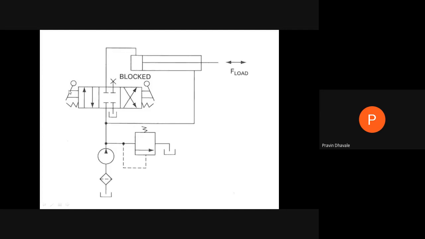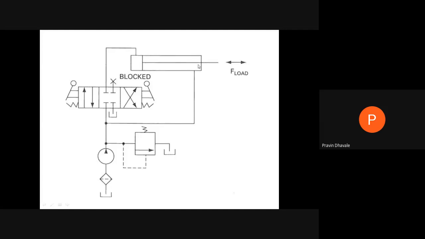Now, when we push this lever, this position comes into actuation. What happens at that time? Whatever the fluid coming from the pump passes to this point, from this point to E, to A, to the left hand side of the piston. Because of that, the piston moves towards the right hand side.